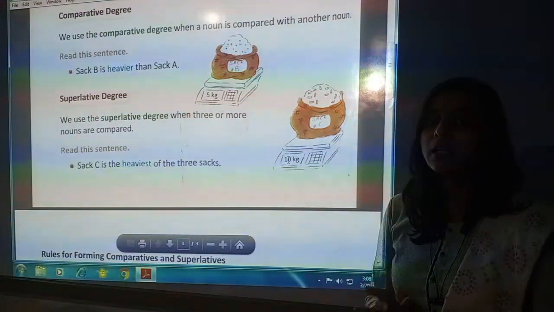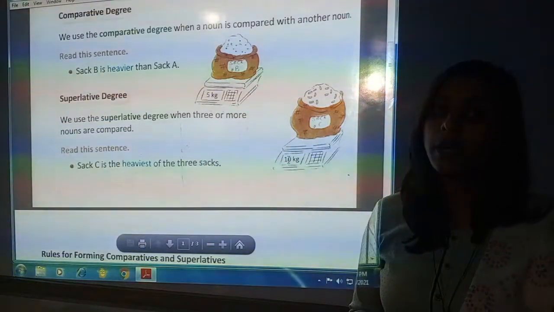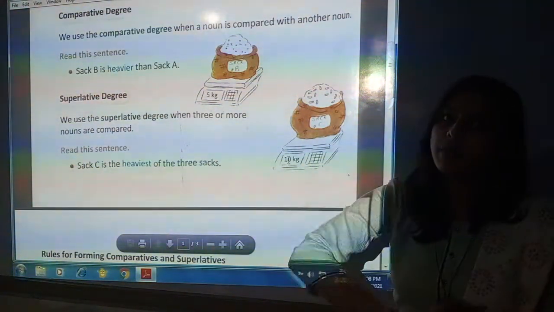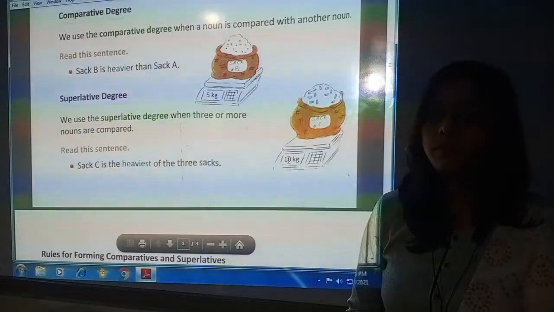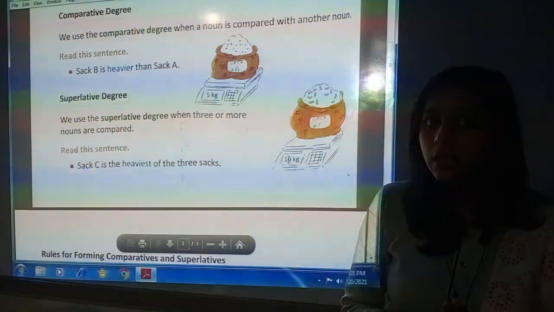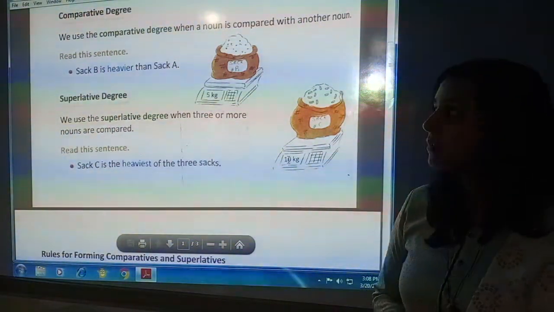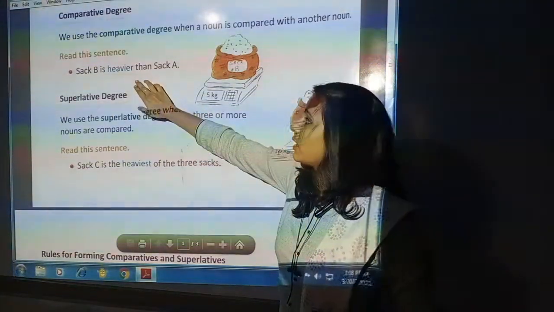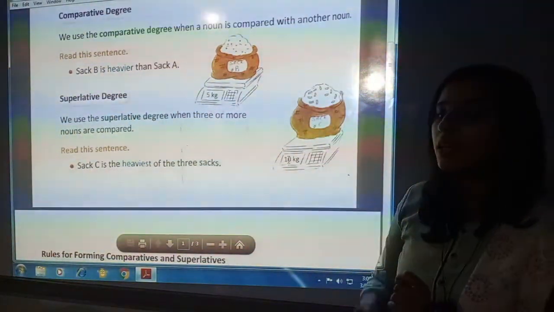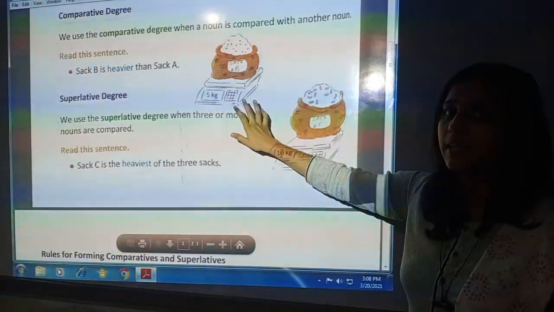Now let us see in detail how the comparison will be made and how these words of comparison will be chosen. Keep in mind that when you use the positive degree, you will use only the adjective. But when you use comparative degree, the adjective has been changed. In heavy, Y is removed and IER is added.